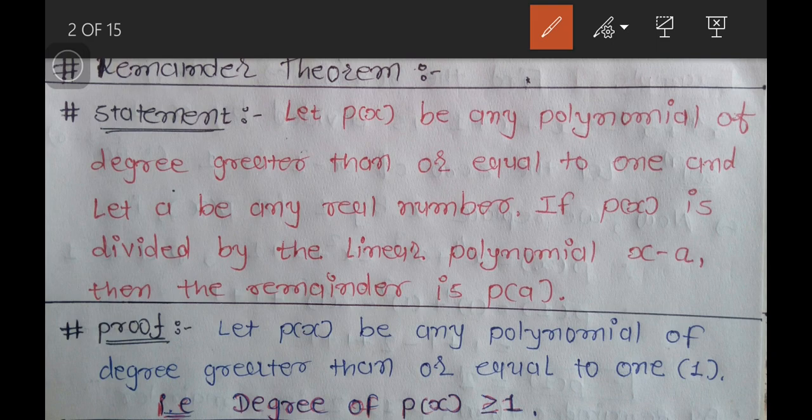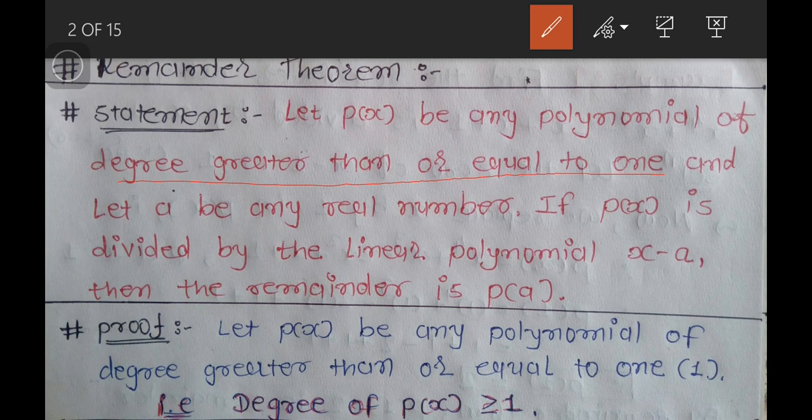The statement is: let p of x be any polynomial of degree greater than or equal to 1. That means p of x has degree 1 or more than 1.